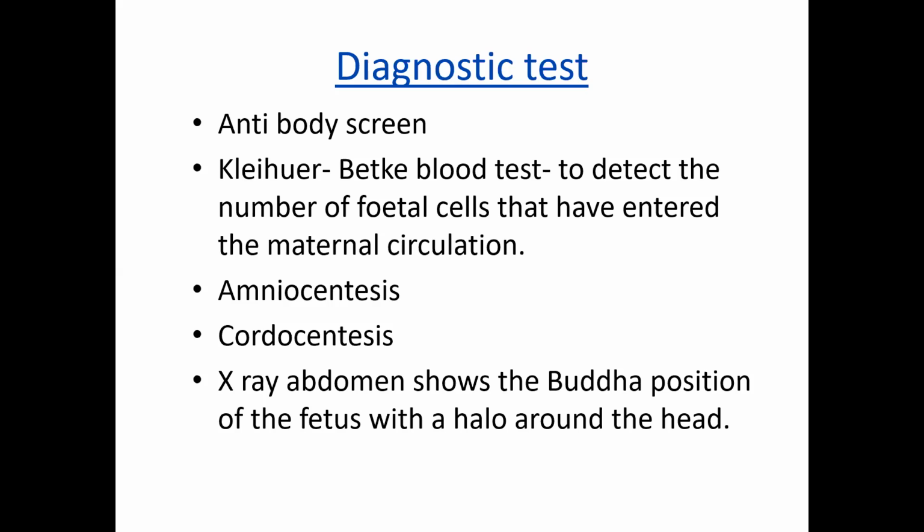Amniocentesis: in that we aspirate the amniotic fluid to find out any kind of genetic abnormality in the newborn. Generally, we do this test for mothers aged 35 or above. Okay, cord blood sampling, same. Fetoscopy, we can say that. X-ray abdomen shows the Buddha position of the fetus with a halo around the head. Okay, so this condition also we have to find.